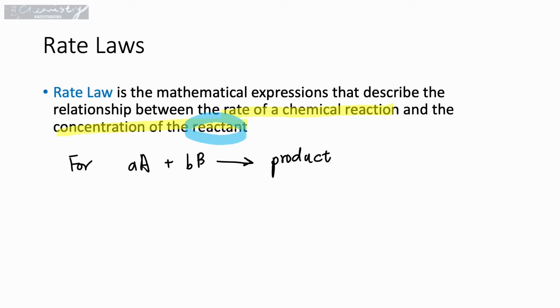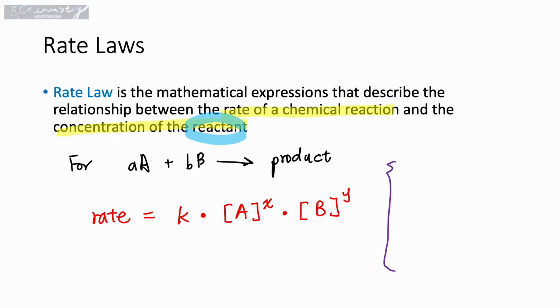And this is going to equal, so the rate law is rate equals k multiplied by the concentration of A to the x power multiplied by the concentration of B to the y power. Where we can see that over here, rate is the rate of the reaction.